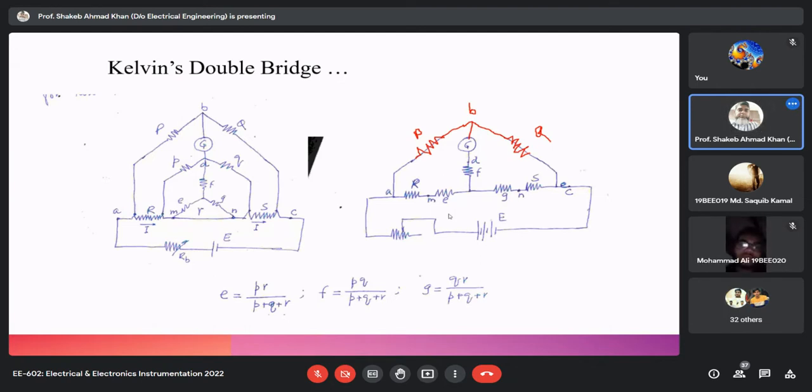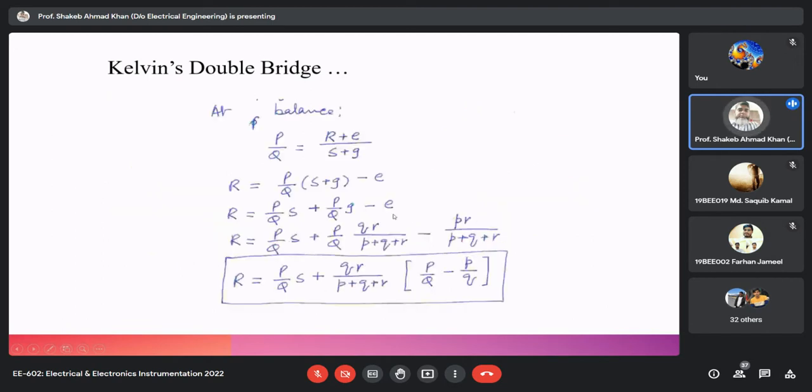Now it is a simple four-arm bridge, whereas one of the arms of the star, representing this delta, is in series with the galvanometer. So this particular resistance will not play any role when your bridge is balanced.